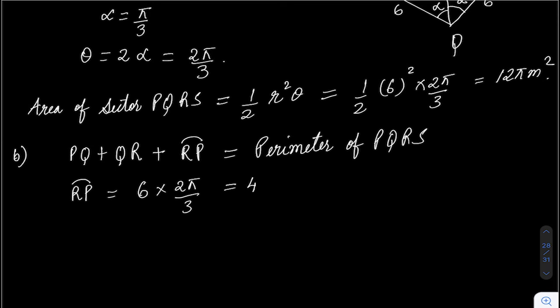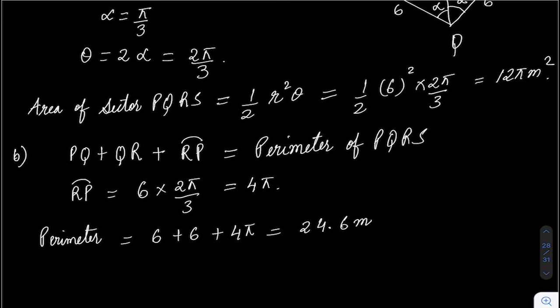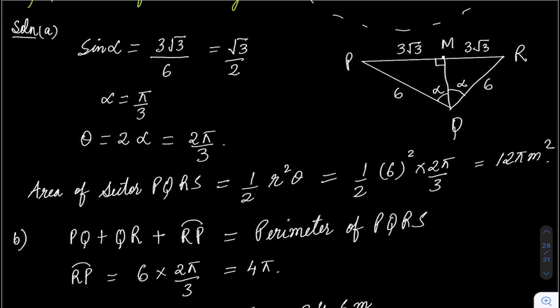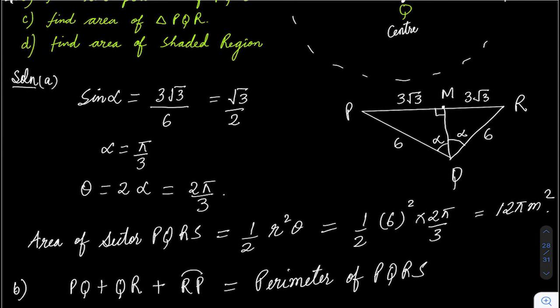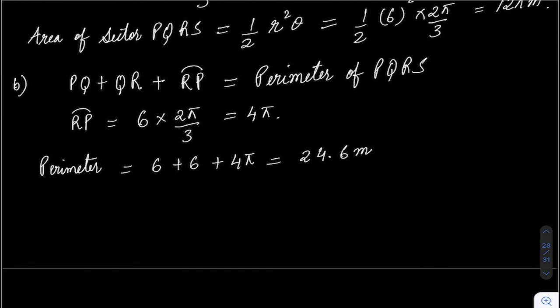So this is nothing but 4 pi. Okay, so my final answer is perimeter is equal to 6 plus 6 plus 4 pi, and this will come out to be 24.6 meters up to 1 decimal point. Okay, so that's our perimeter.